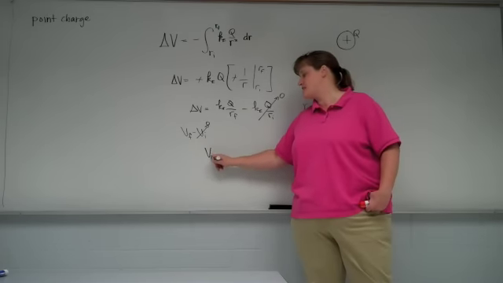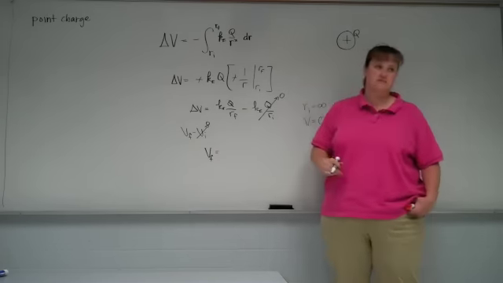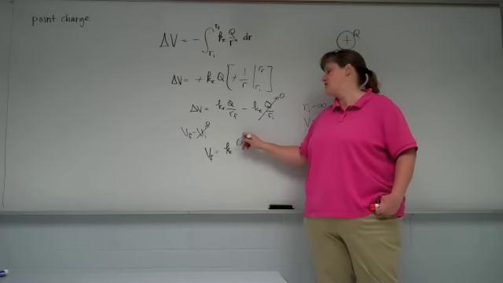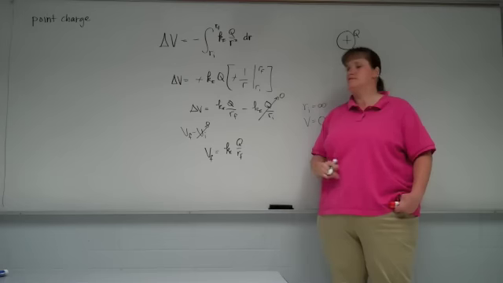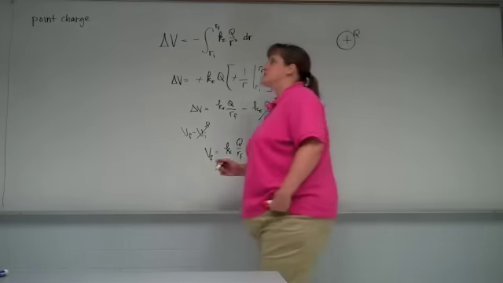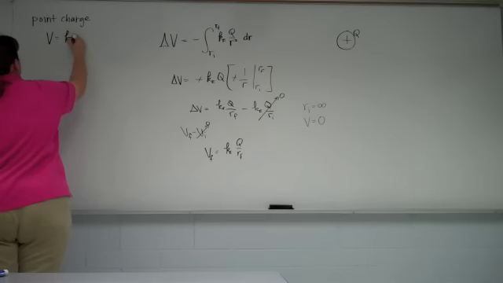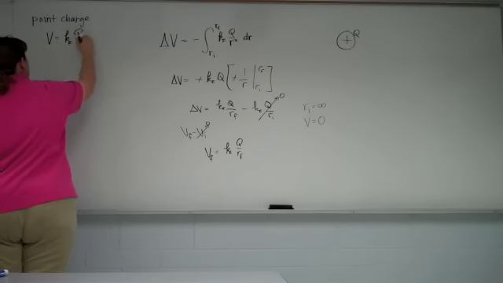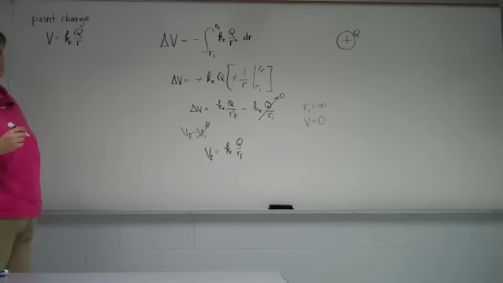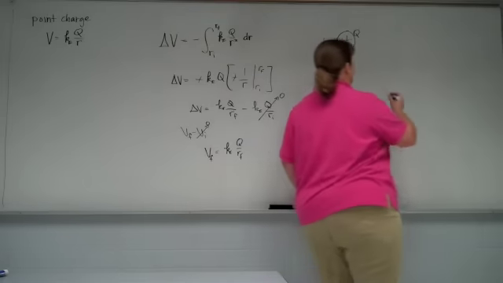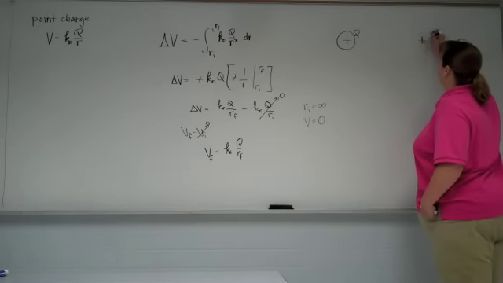So that tells us the potential at any final point that's not infinitely far away is equal to K Q over R final. So the electric potential around any point charge depends upon the charge itself and how far away from the charge you're interested in.